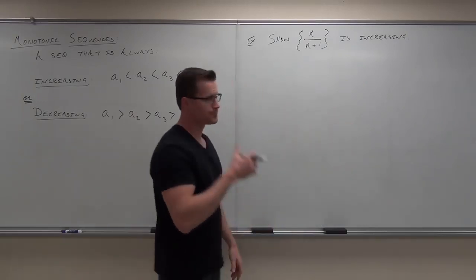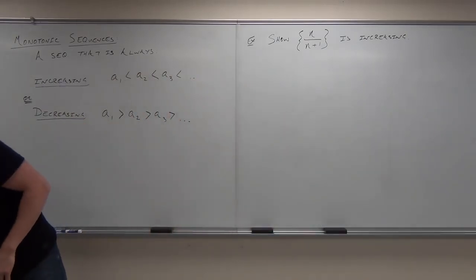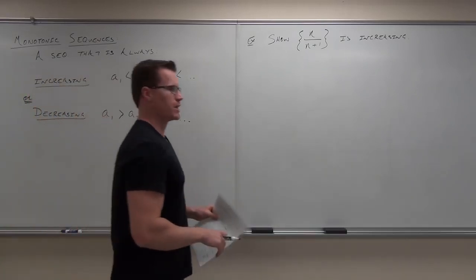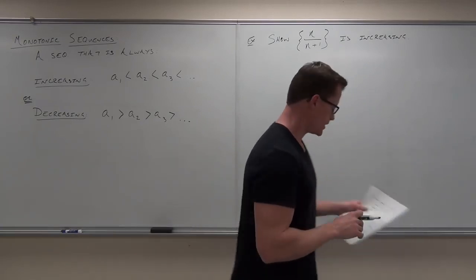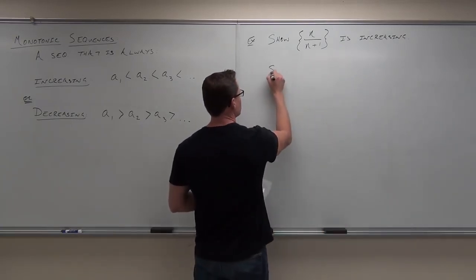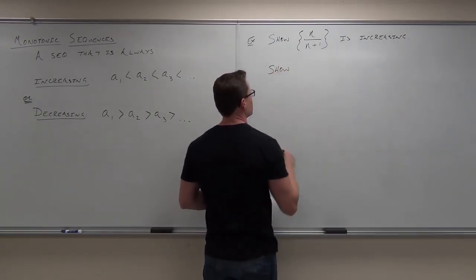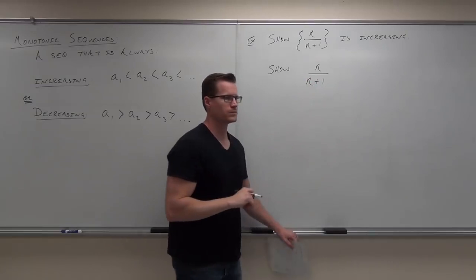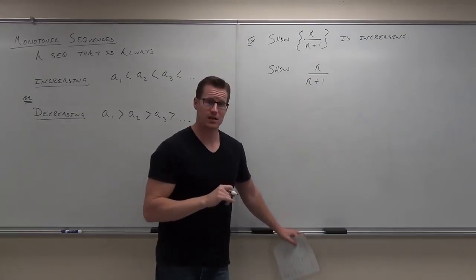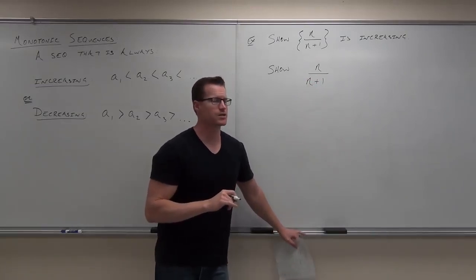Okay, so if we want to show this is always increasing, there's basically two ways to do this. One way would be to start with the nth term. And if we want to show that this is increasing, listen carefully to this because this can throw some people.